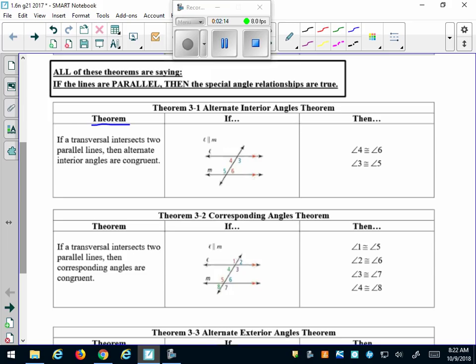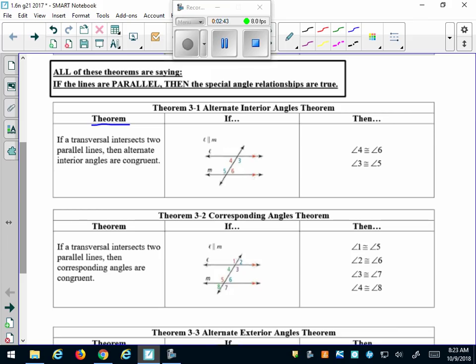But all of these theorems and the first postulate are basically saying that if you know the lines are parallel, so the hypothesis in every single case is that the lines are parallel, then the conclusion is that there's some relationship between the angles. The first one was a postulate. It said that the same side interior angles were supplementary. The rest of them are going to show some congruences.